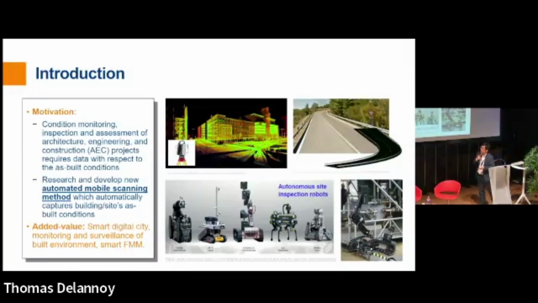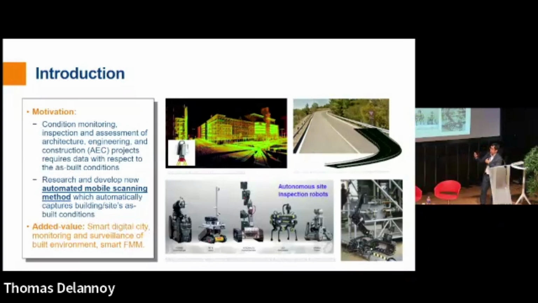Nowadays, we see the community has interest in developing and researching new automated and mobile scanning approaches, which use automation platforms, as you can see at the bottom of the figures. Unmanned ground vehicles and quadruped robots carry the terrestrial laser scanner or LiDAR camera system to capture the building or site as-built conditions.